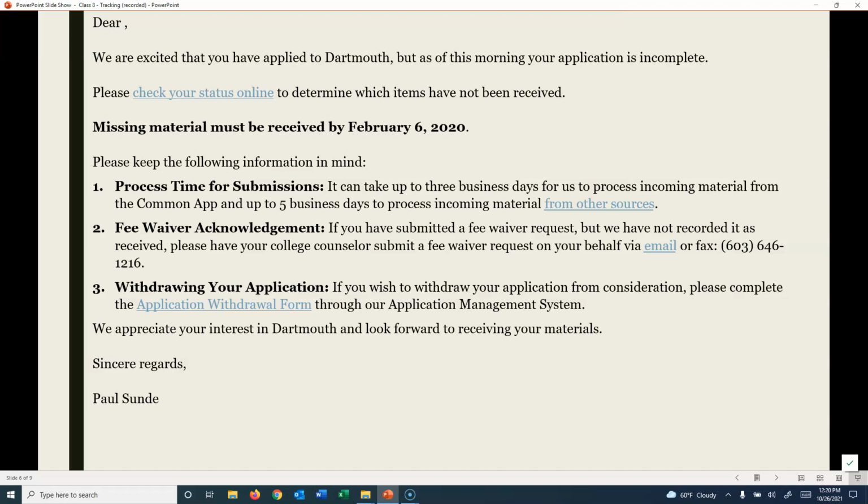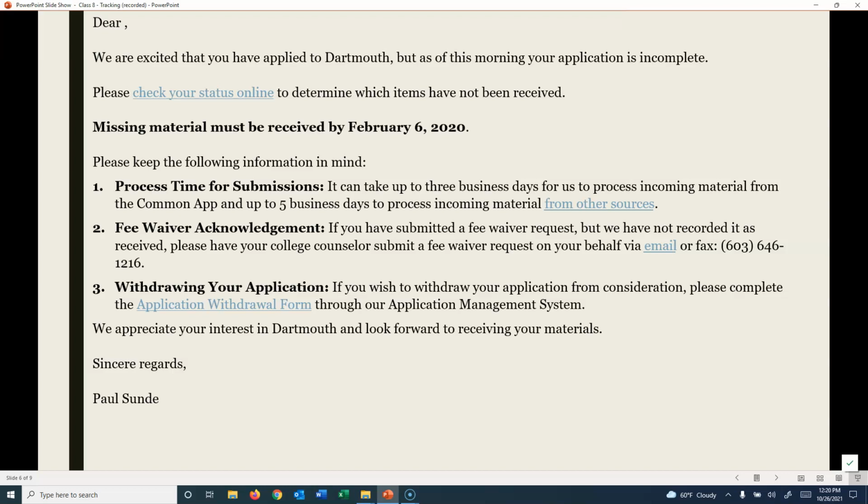Again, if something's late and it's not your fault, a teacher gets sick or something just gets lost in the mail, you can't be penalized for it. They know this and they just want to follow up. They really won't start reading your application until about 2 weeks after the deadline. So there always is a little buffer period for things to come in.